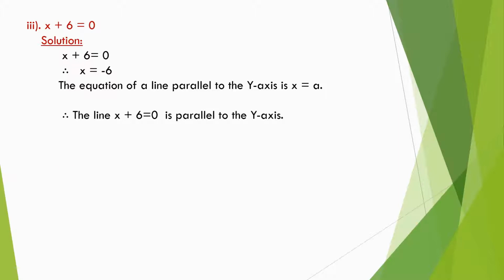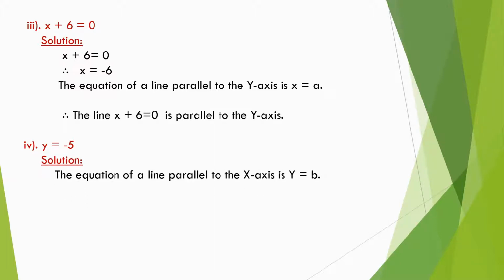Question number 4. y equal to -5. Solution. The equation of a line parallel to the x-axis is y equal to b. Therefore, the line y equal to -5 is parallel to the x-axis.